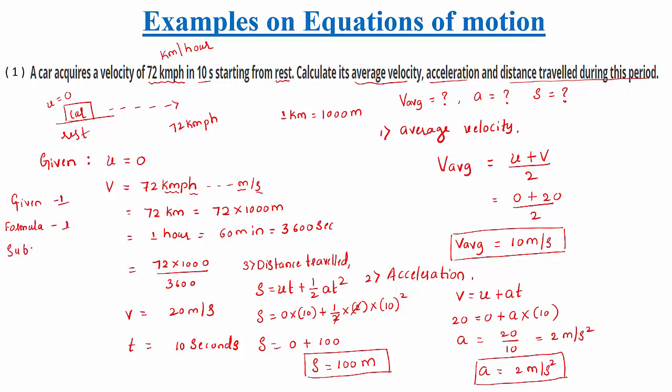Then substitution carries 1 mark. Calculation carries 1 mark. Then result with SI unit, it carries 1 mark. So totally we will get 5 marks for each numerical problem. Right? Now we can move towards the second problem.